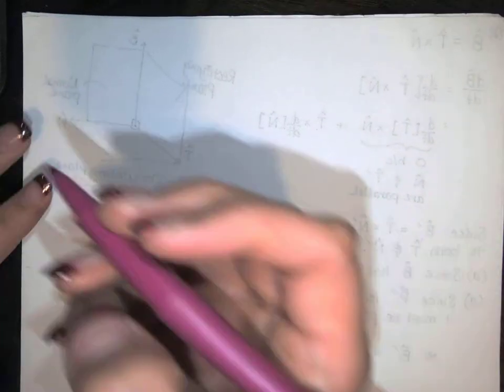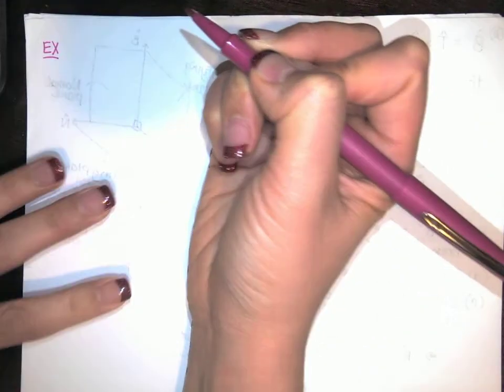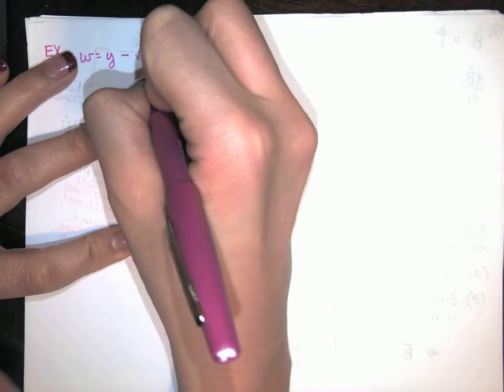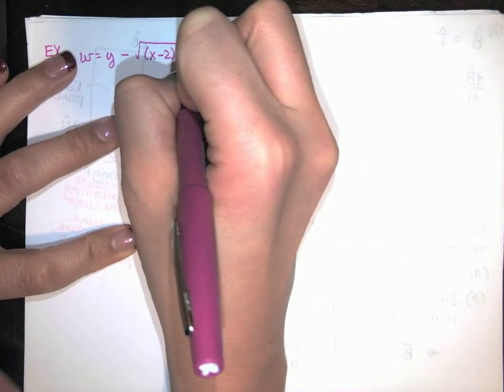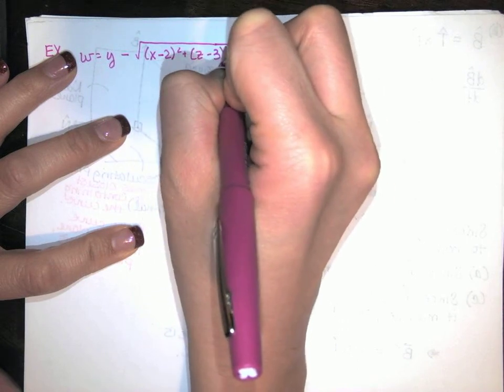Now this one looks a little bit ridiculous. I just made it up. So I've got w equals y minus the square root of (x minus 2) squared plus (z minus 3) squared minus 1.